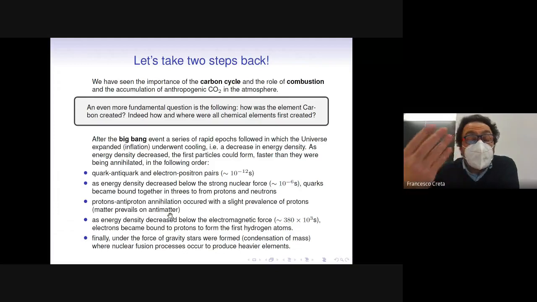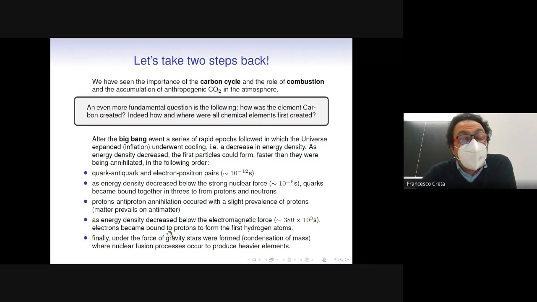And again, as energy density decreased below the electromagnetic force, you have electrons which become bound to the protons and neutrons, in fact only to a proton in this case, to form the first hydrogen atom.